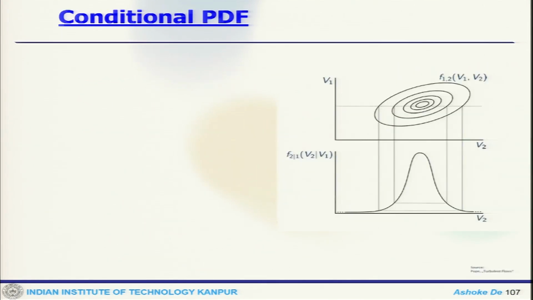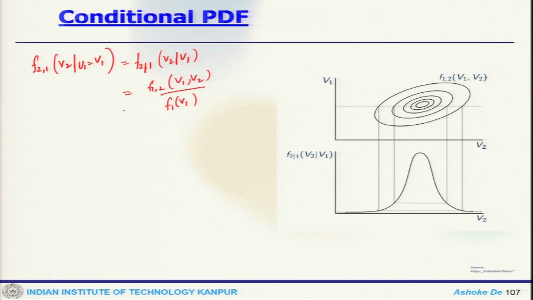Now if you look at the PDF of U2 conditioned on U1 equals V1, that means f21, where V2 is conditioned on U1 equals V1. So this would be f21(V2|V1), which is f12(V1, V2) by f1(V1). This you get from Bayes theorem.